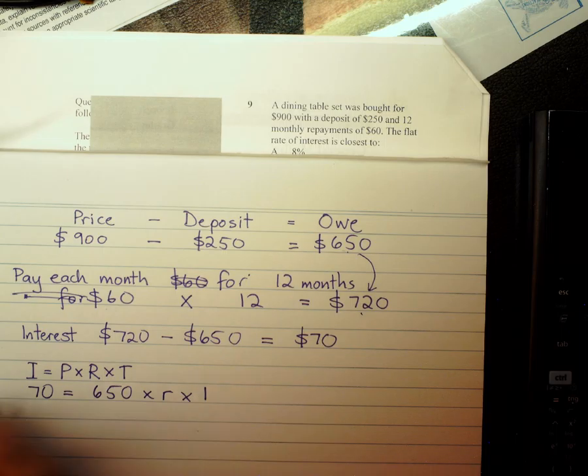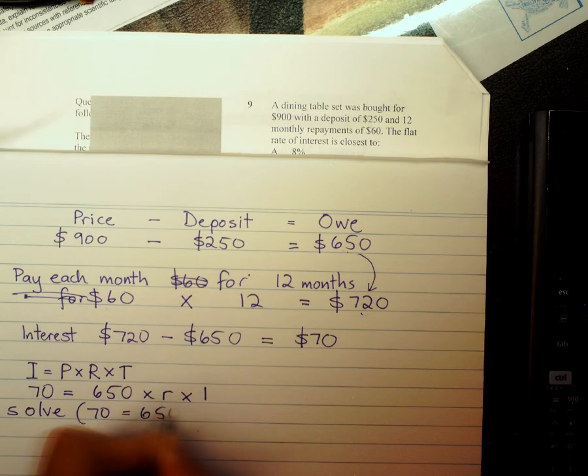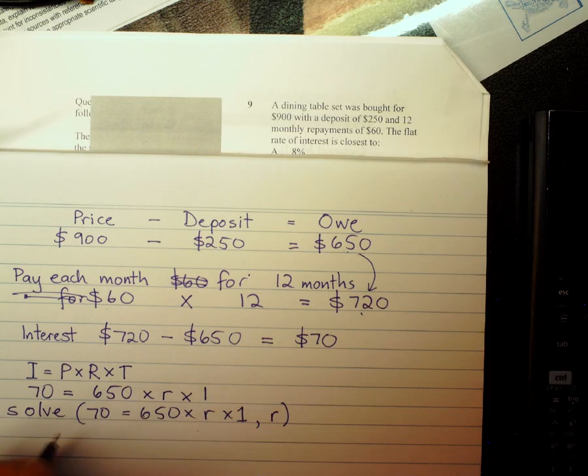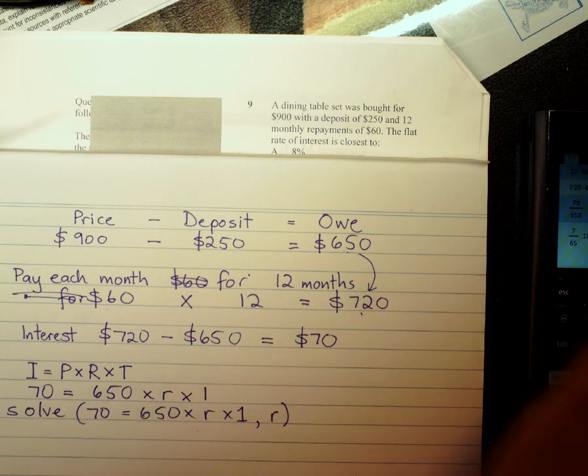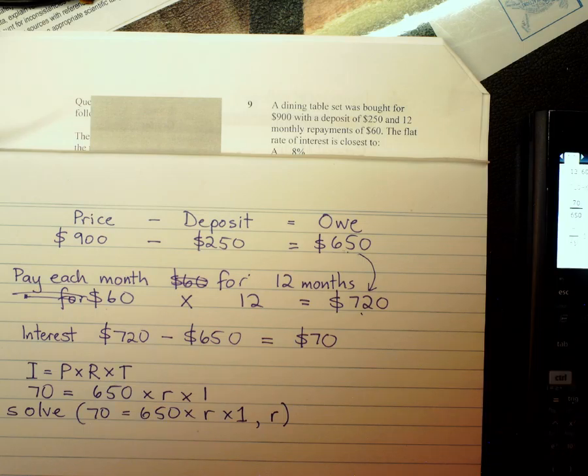So I'm going to put that into the CAS: solve(70 equals 650 times R times 1, comma R) and it will give me the number. It won't give it to me as a percent, I don't think. Let me have a look back up here.